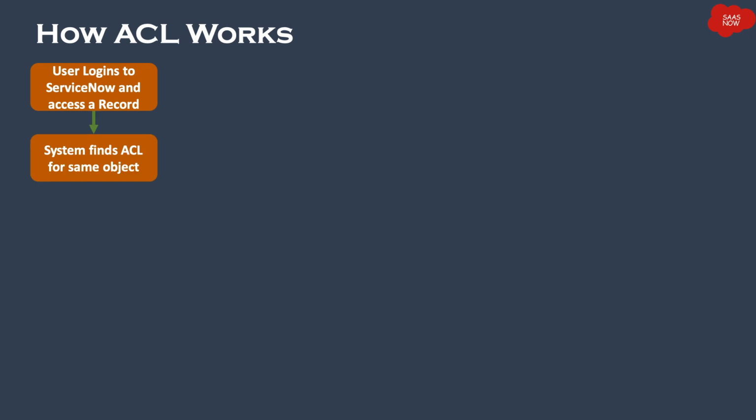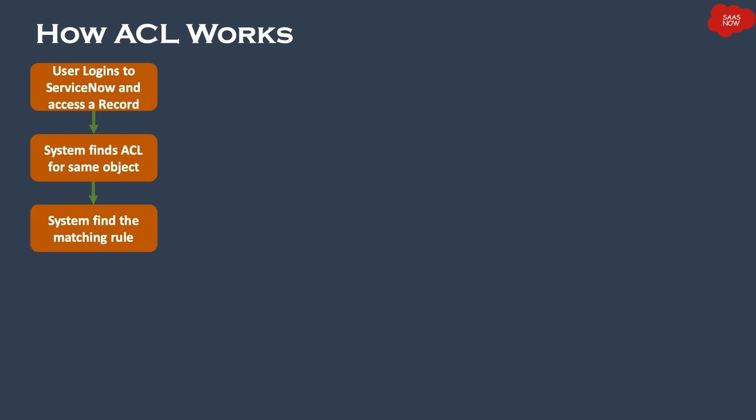How does ACL work? Let's say a user tries to log into ServiceNow and tries to access a record. But before ServiceNow shows that record data to the user, it processes something in the backend. That means it tries to find an ACL for the same object and also tries to find the matching rule.